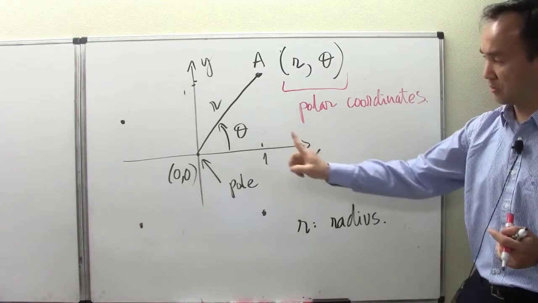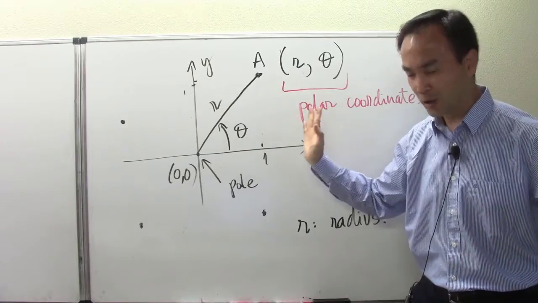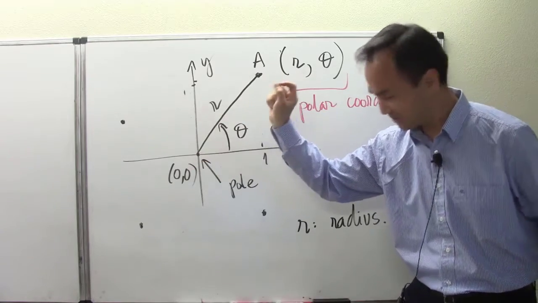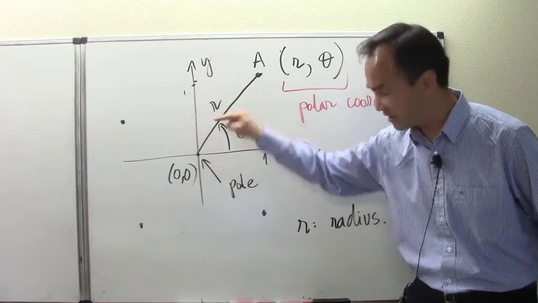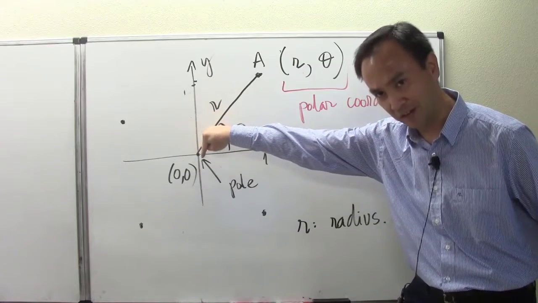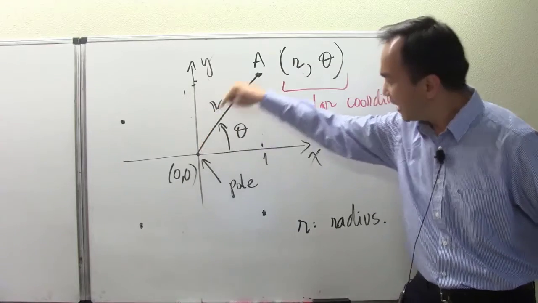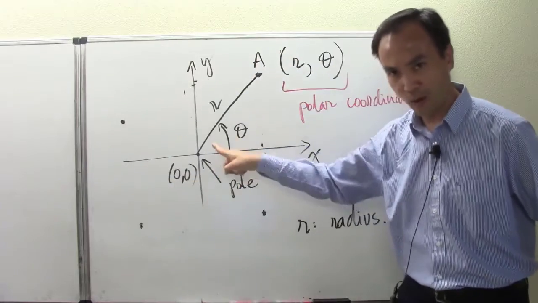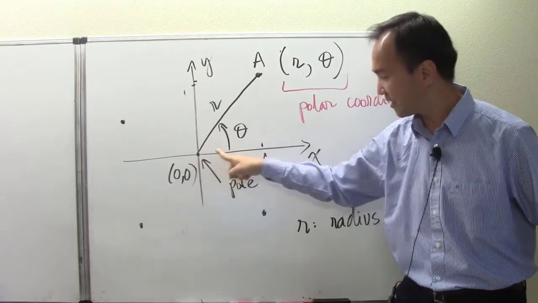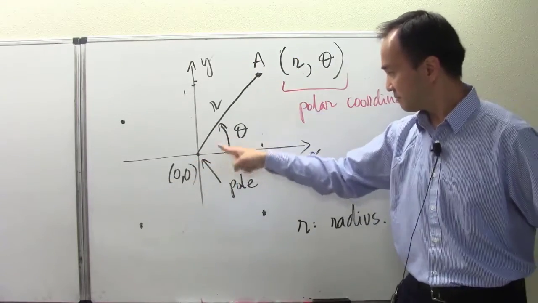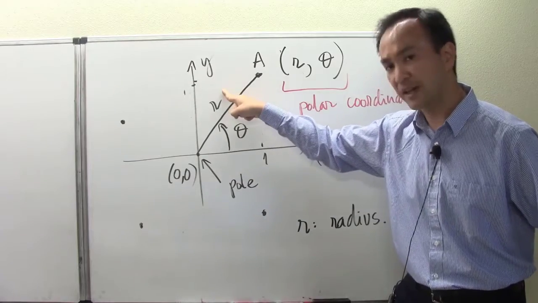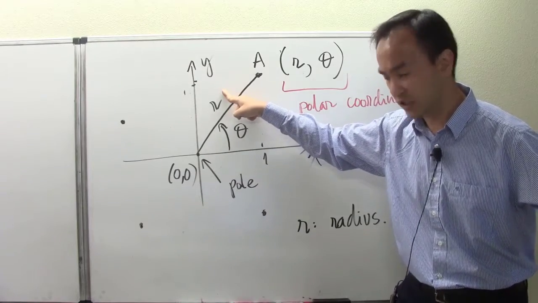The reason it's called polar coordinates, being consistent with what I explained earlier, is that we call this origin the pole. Any point other than that pole makes a distance with that pole.